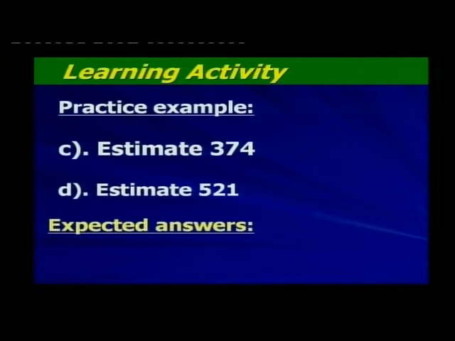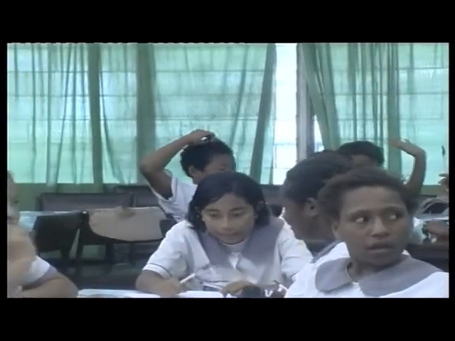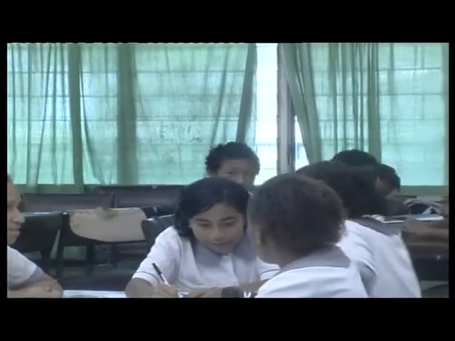How about D? D, Milika? What was your estimated figure? 500. Again, loud and clear. 500. Put your hand up if you have 500. Milika, why did you say it is 500?